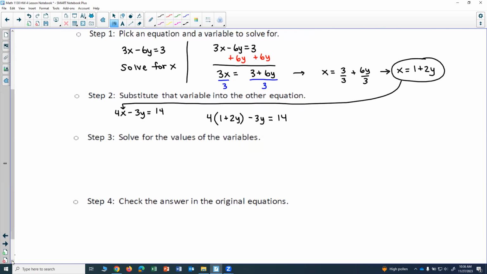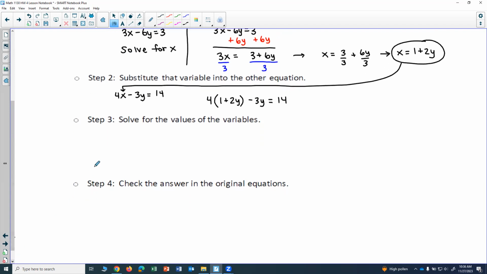Your third step is to solve for the values of the variables. So I'm going to take the equation that I have here. I have 4 times 1 plus 2y minus 3y equals 14. I'll go ahead and distribute. So I get 4 plus 8y minus 3y equals 14. Combine your like terms here.